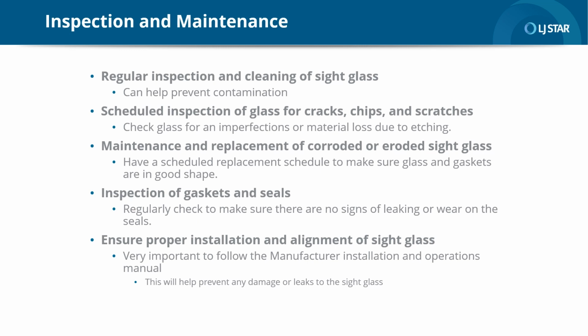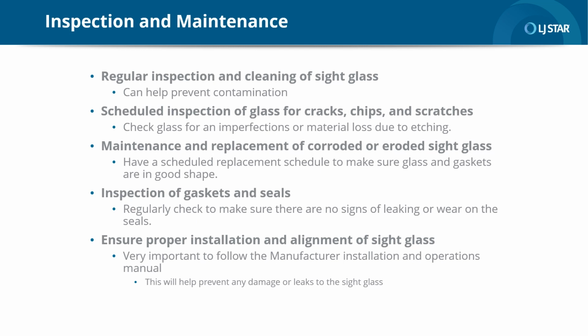Scheduled inspections are great to make sure that the glass is inspected for cracks, chips, scratches, whatever might be going wrong with it as far as imperfections. It's something very simple where the user would go out, they would look at the glass, they would basically take a light and put it at an angle to see if there are any cracks or scratches, and that can happen quite easily with glass.